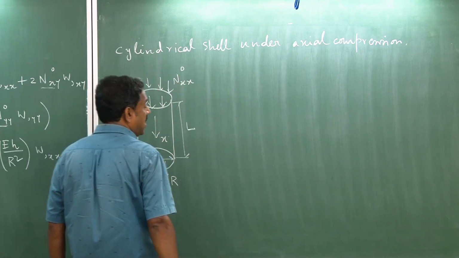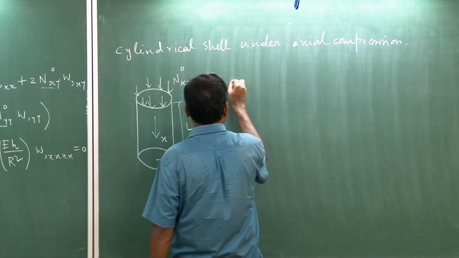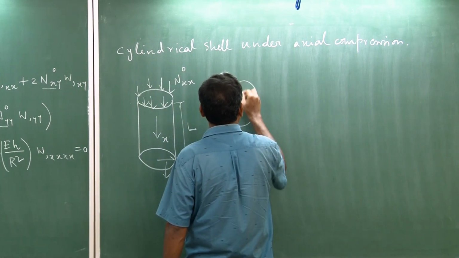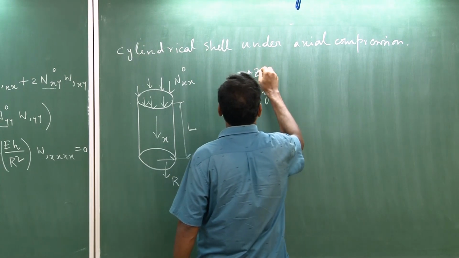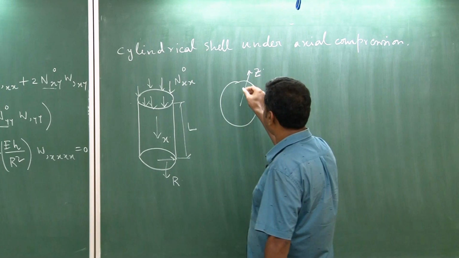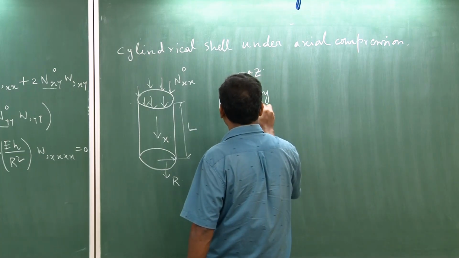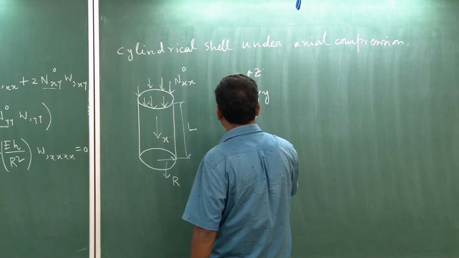The other two axes: y is along the circumference and z is perpendicular to this. This is one cross section of the cylinder, so it is circular.